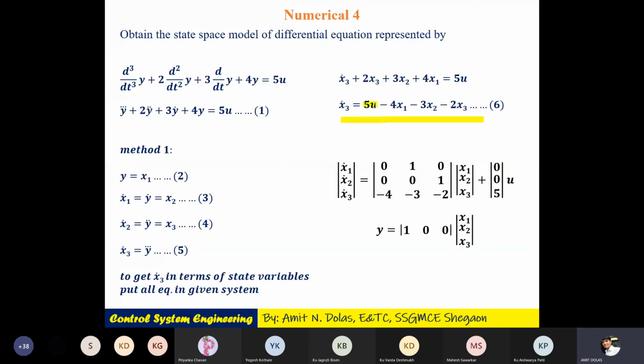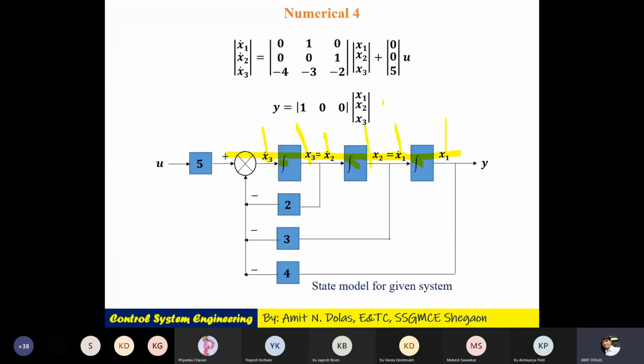This one. It is a 5u. How is x3 formed? Just see. x3 dot needs plus 5u. From u a line comes out through the element, constant 5, and a plus sign. So it will be 5u minus 4x1. Where is x1? Here is x1. From x1 a line comes out with constant 4 and a minus sign, so minus 4x1 minus 3x2.